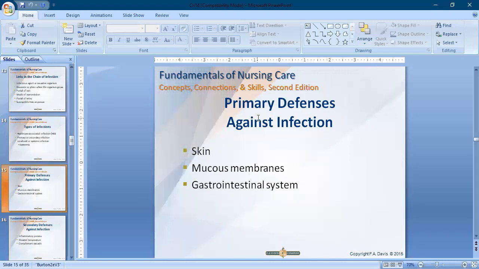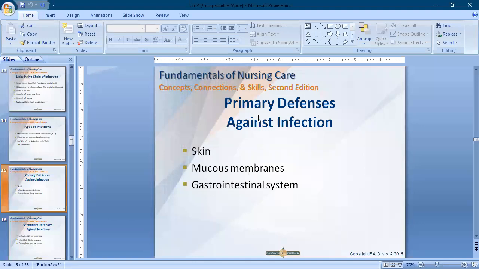Skin can also produce some chemicals that kill bacteria or viruses. Then the mucous membrane, and the gastrointestinal system: the stomach produces very strong hydrochloric acid.